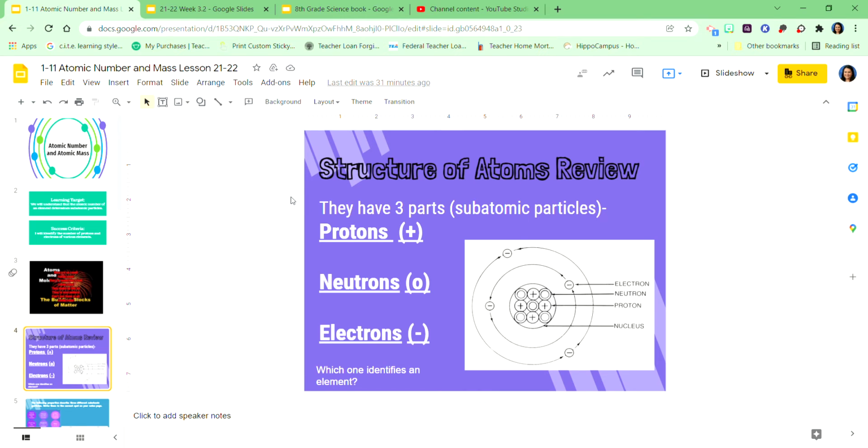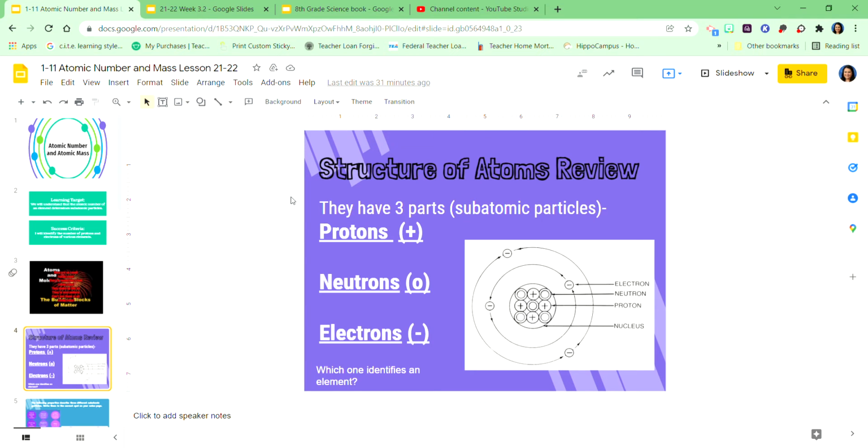Each atom consists of 3 parts, or subatomic particles, which are protons, the positives that are inside the nucleus, neutrons, or neutrals, so no charge, that are also found inside the nucleus, and then electrons, which are negatively charged and they surround the nucleus.